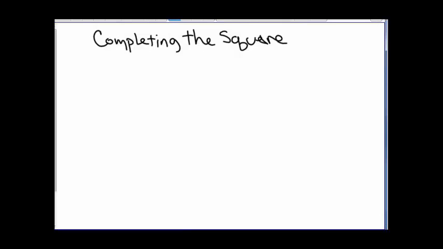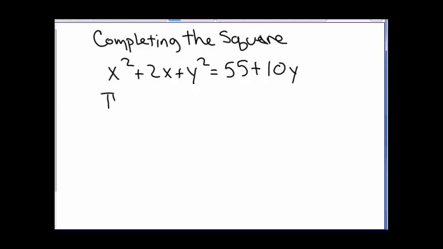Okay, now we're going to talk about another method called completing the square. Now we use this when our circle equations aren't in that nice neat form. So if you look at this, notice it's not in factored form. We've got variables on both sides. So these problems are a little bit more difficult, but with some practice we can all have these things mastered.